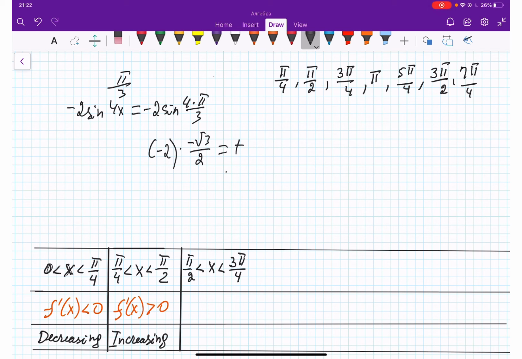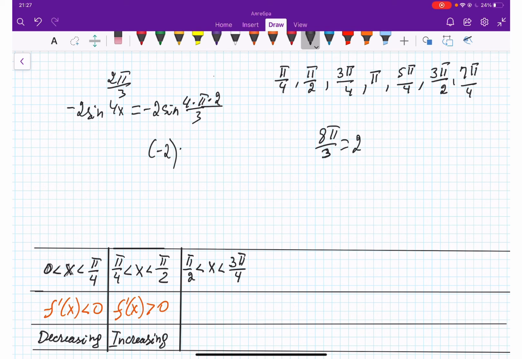Let me take 2 pi over 3. Now let's figure out how much it's going to be. Let's do some drafting here. 8 pi over 3. Let me convert it into a mixed fraction.